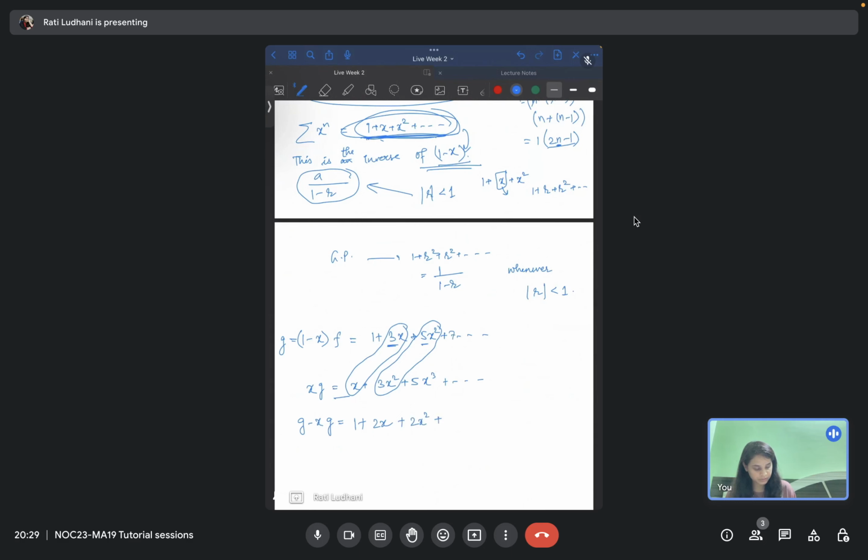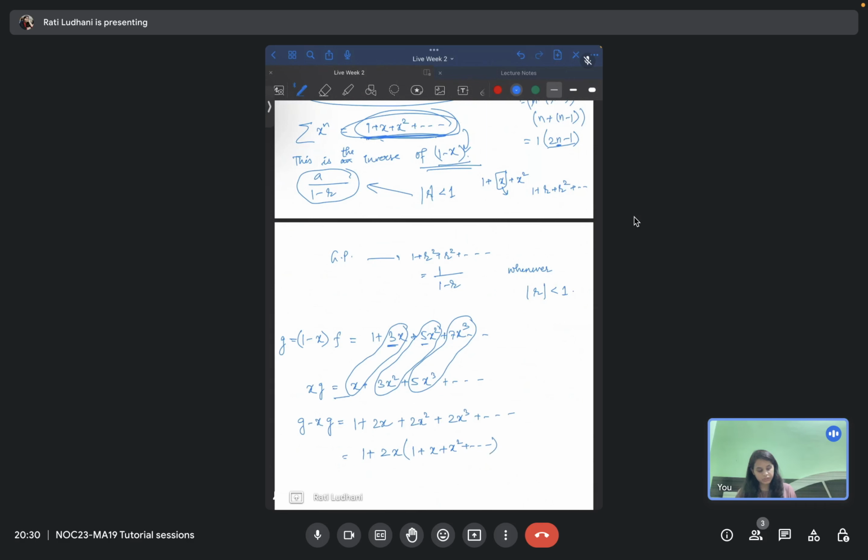Similarly, you will have 7x cube subtracted by 5x cube, you will get 2x cube. Now you will just get 2, 2, 2 only. So you can take 2 to be common, and again take x to be common, and you will get 1 plus x square plus up to and so on.